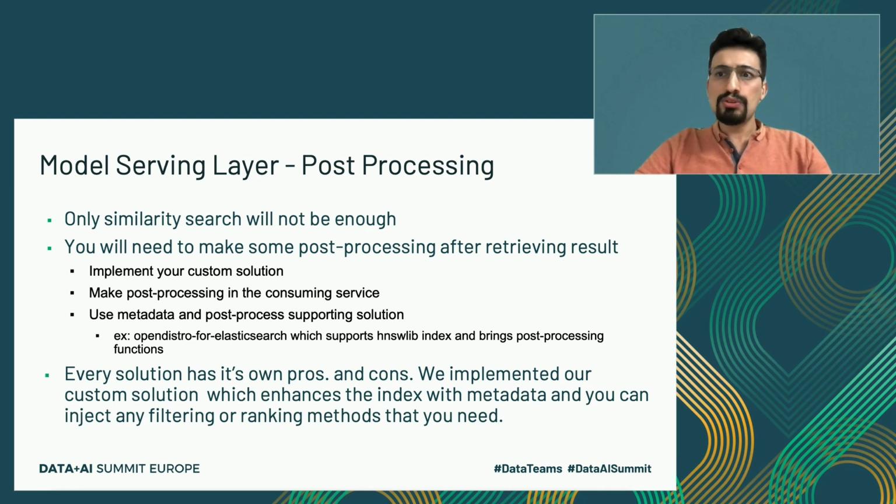Also, business requirements like these two brands cannot be shown with each other, or do not show adult products with health products, necessitate the post-filtering. Creating KNN index with post metadata included enables us to apply any kind of post-filtering.